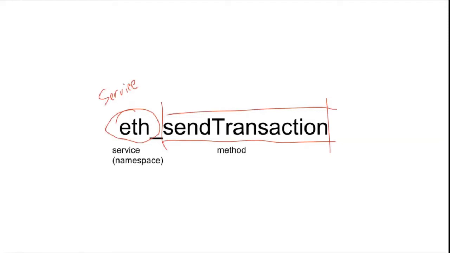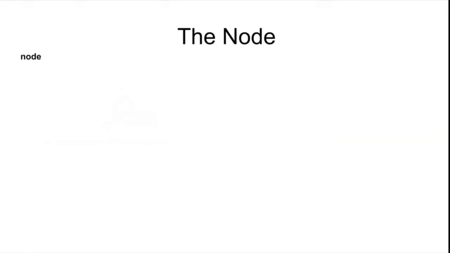To explain what the service is, I will say that the node, the thing that we launch, by itself does very little. It discovers other nodes, can connect to them, and does some very basic stuff, but it doesn't do any business logic.